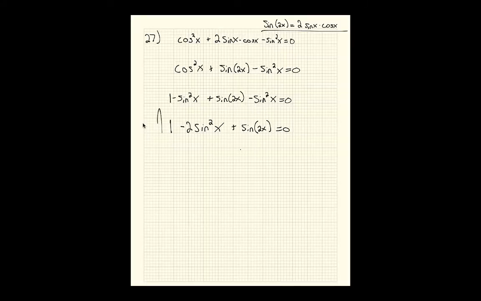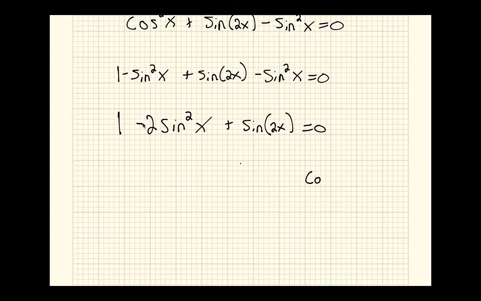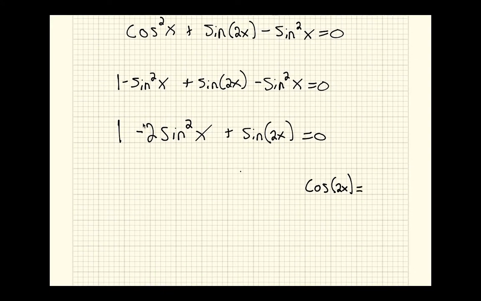Okay, and this here actually is another identity. There's another identity, a double angle formula that says the cosine of 2x equals 1 minus 2 sine squared x.